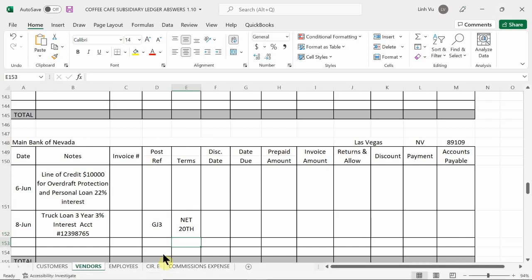So when you do receive your first bill, that's where you fill it in, in the bill payment, because you already have your bill. You would automatically know what this bill is at any given time. So it's going to be due on the 20th of every month.